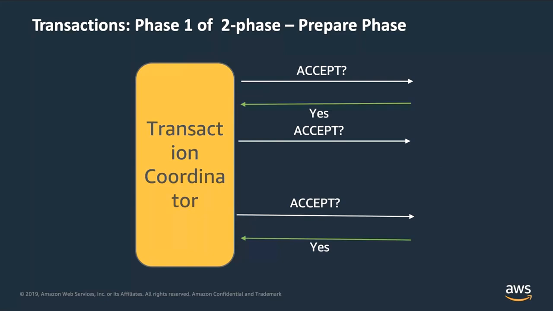And if the storage nodes say, yes, I'm willing to accept this transaction, the TCs durably store the metadata that this transaction is accepted, and then move on to the second phase.